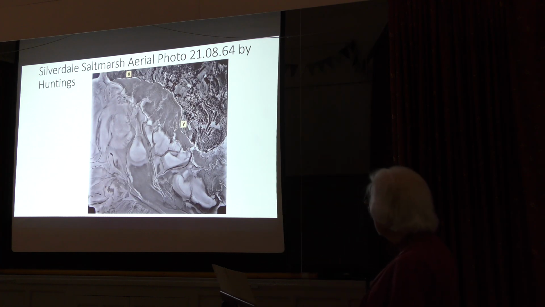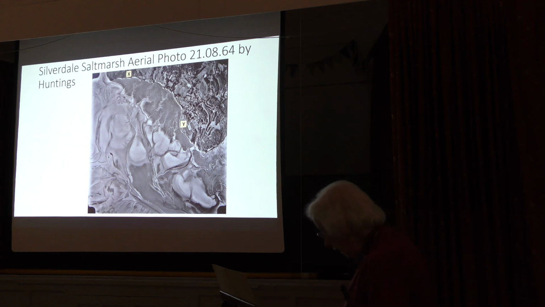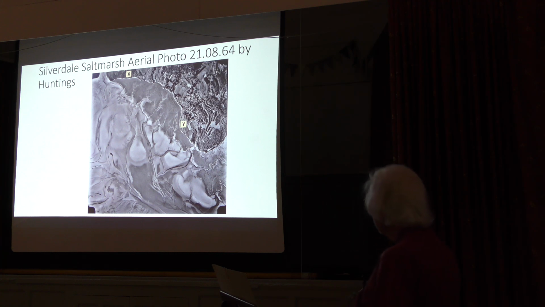Now this is a vertical aerial photograph taken 21st of August 1964. And you can see here the extent of the Silverdale Salt Marsh, and Silverdale is here, the main village.